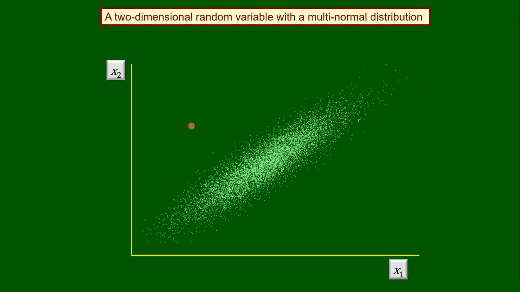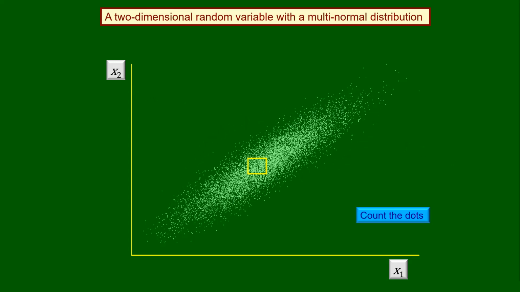Obviously the value of x1 seems to be related to the value of x2. But x1 and x2 are still random because I do not know their values, but their probability density function needs to reflect the fact that they're obviously not independent.